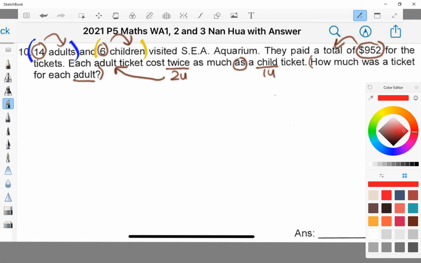And for this particular question, they flip it around in a sense that they give us exact numbers for the number, and for value, they turn it around into units. Okay? So to solve this question effectively, we have to draw this special ratio table, which I will show everyone.